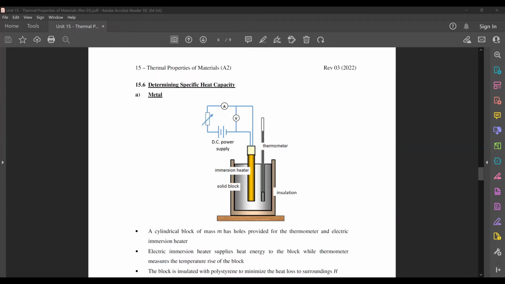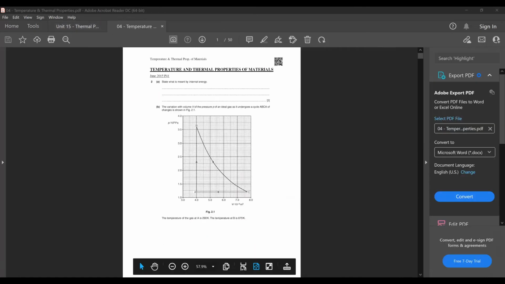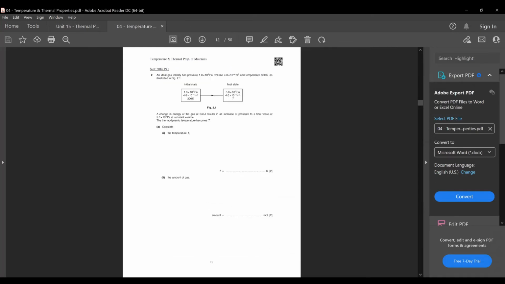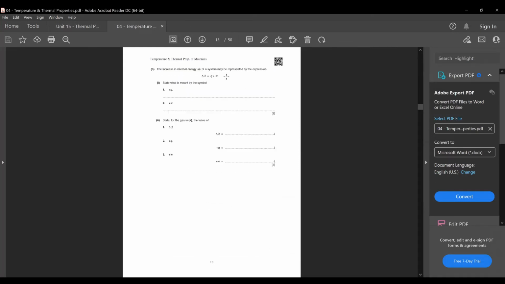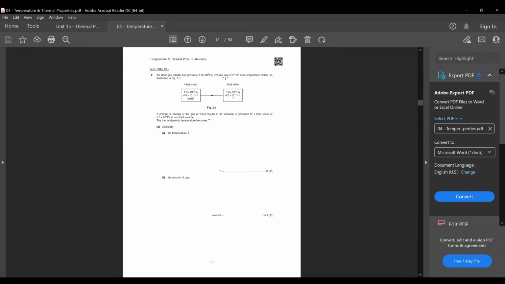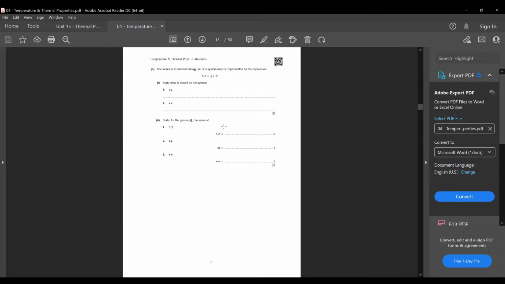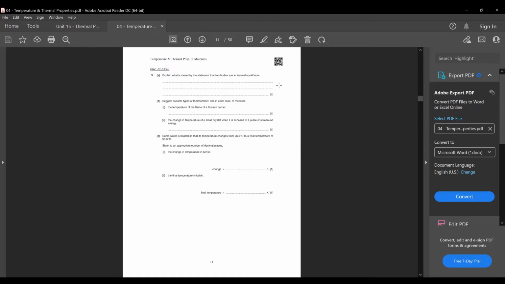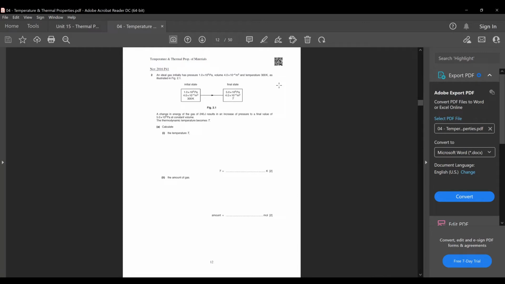Look at your temperature and thermal properties worksheet, the one that I just sent to you earlier today. Have a look at page 12.